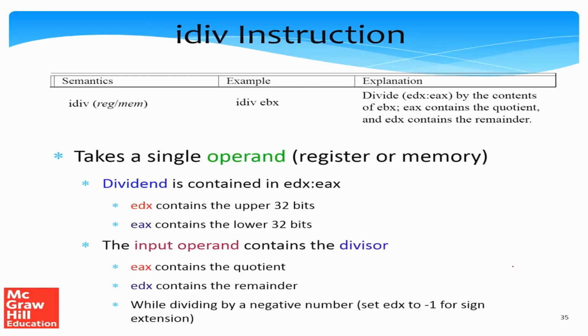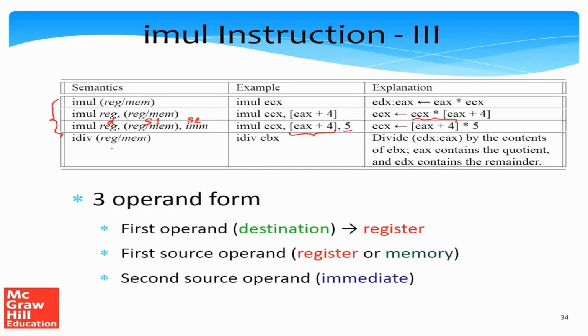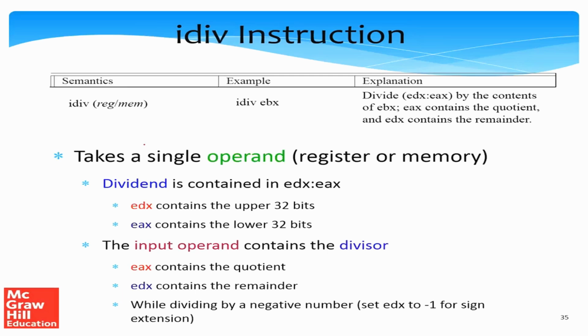All right, let's take a look at the IDIV instruction, which is definitely complicated. As you see, the IDIV instruction takes a single argument, and this is exactly what we'll expand in the next slide. The integer divide instruction is complicated, and we shall see why.